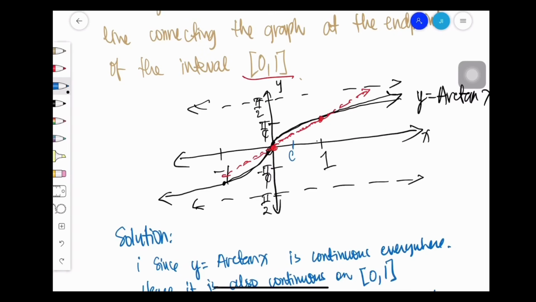Say for example this is c, then we got c to be square root of 4 over pi minus 1. Then the slope of the tangent line here looks like this one, which is indeed seems parallel to our secant line. That's it.